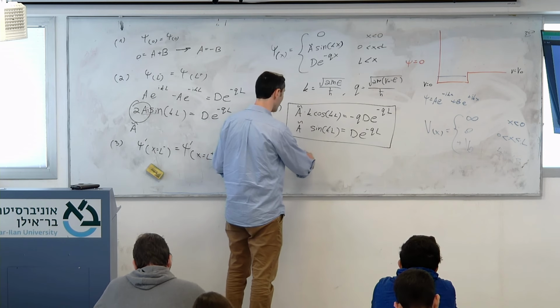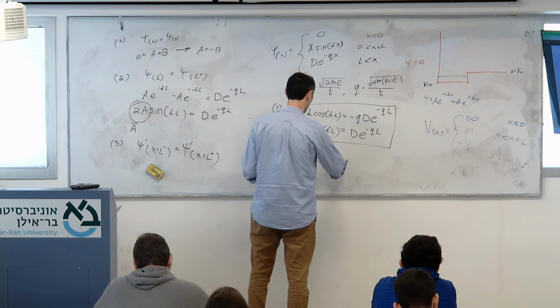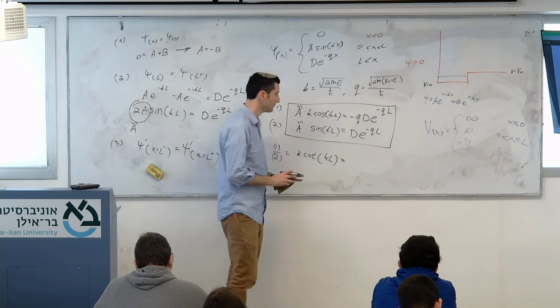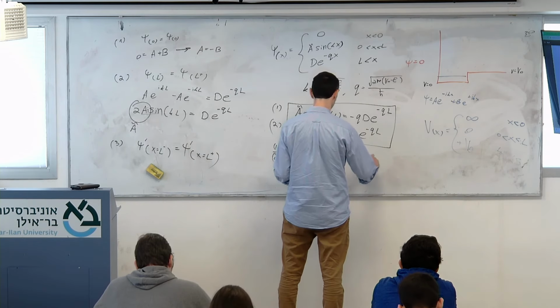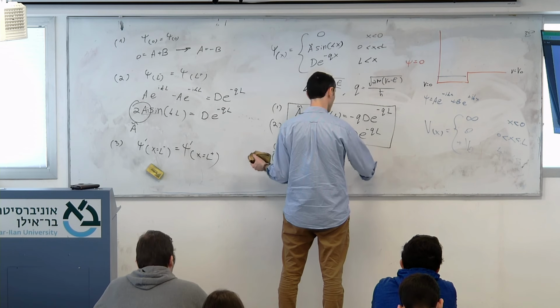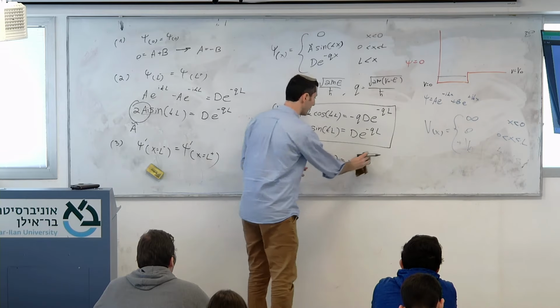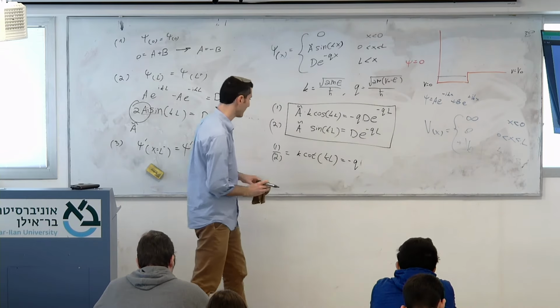I have here k cotangents of kl is equal to minus q. Why did you not include this? No d. Minus q, right? All right.